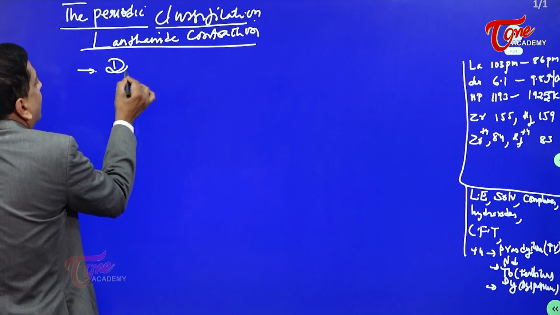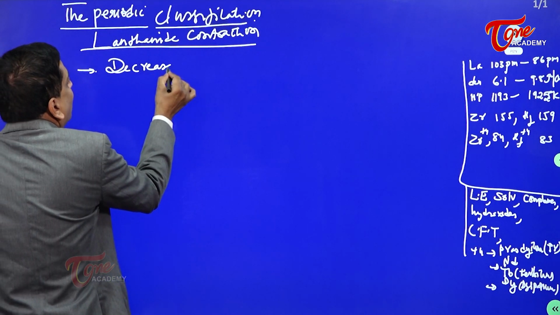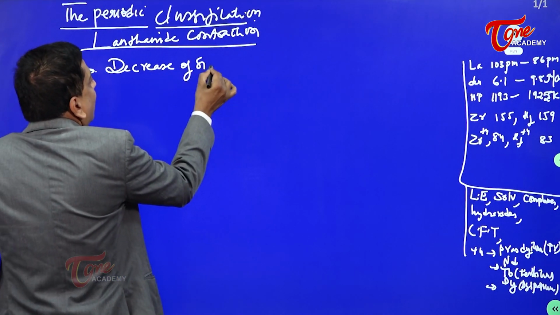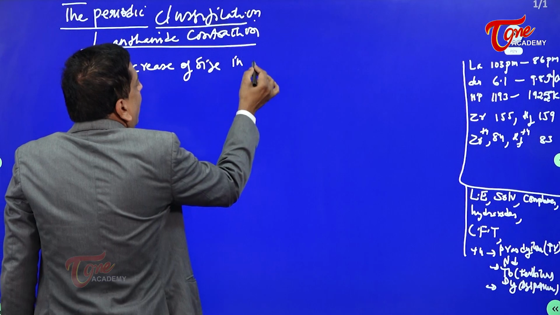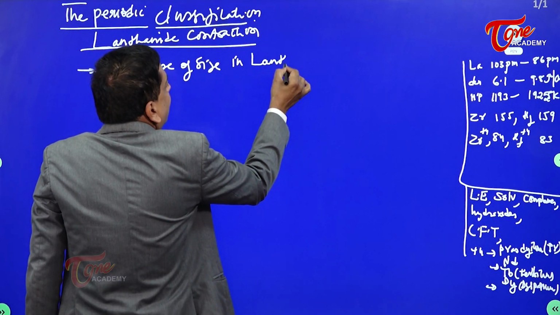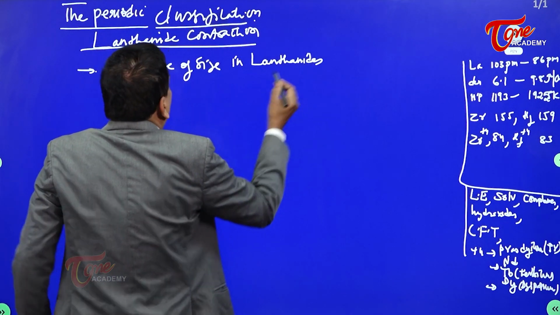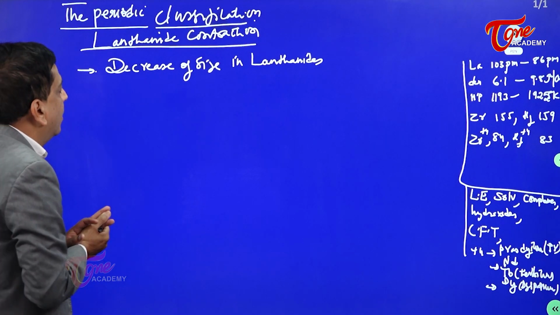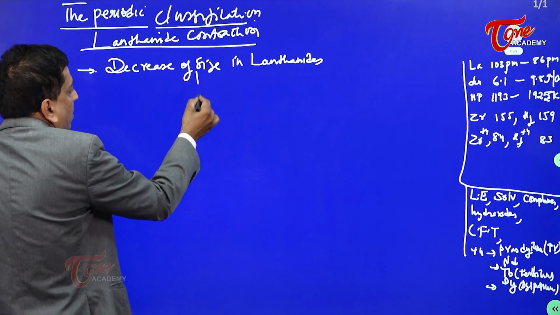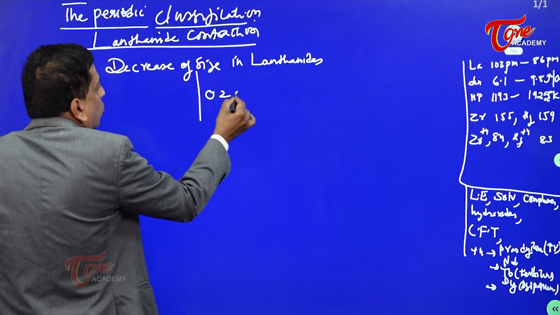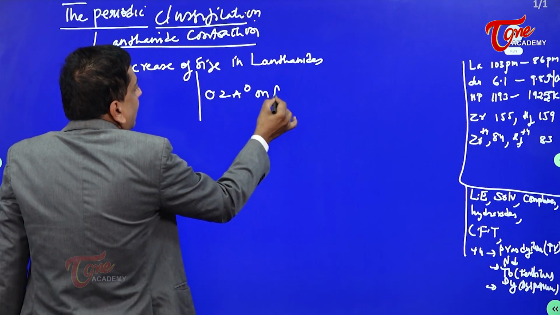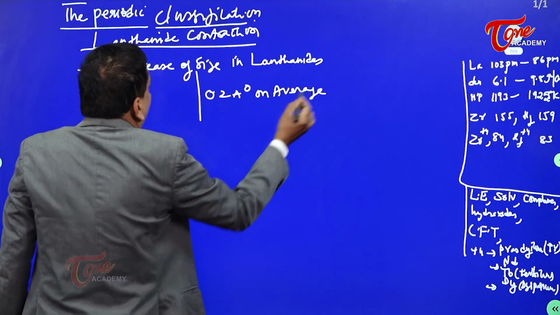Now remember, decrease of size in lanthanides, that is approximately 0.2 angstroms on average. Remember that.